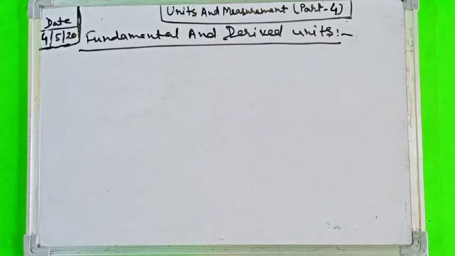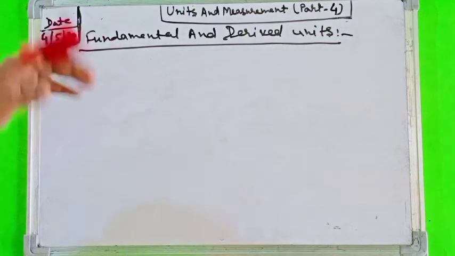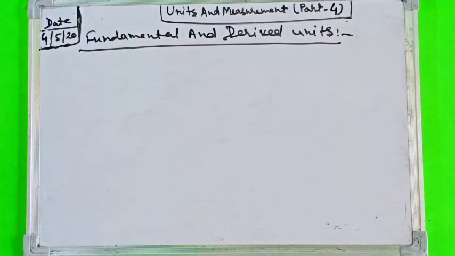So it is not possible to give a particular unit to each and every physical quantity. So we choose certain fundamental units for some fundamental quantities, and on the basis of those fundamental units, we find the derived units.